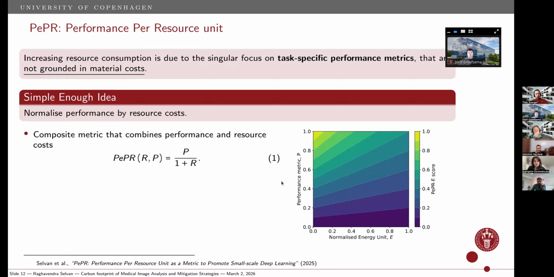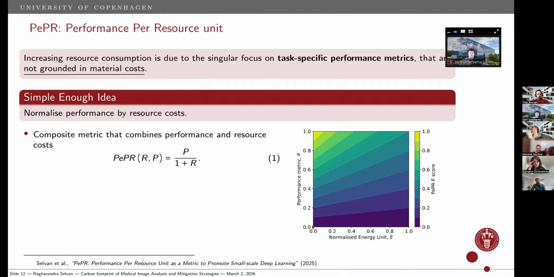For instance, if you have a performance metric, which also is between 0 and 1, this can be anything, classification accuracy or DICE accuracy or one of those. Then on this, you have the normalized energy consumption. The 0 is like the minimum. It's not 0, it's normalized, meaning if you say your energy budget is like 1 watt hour, then this goes from 1 watt hour to, say, whatever upper limit you want to set.